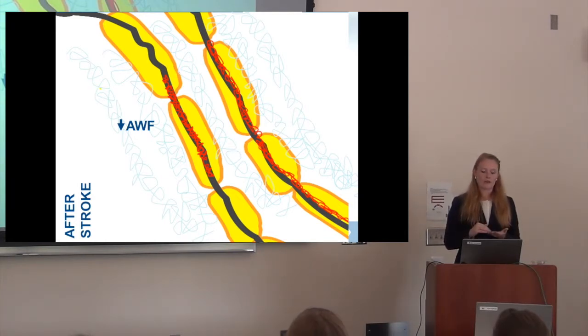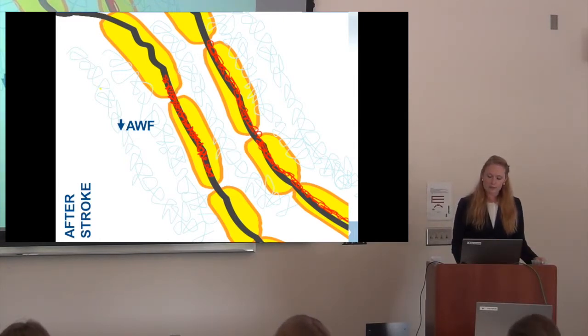So if the axonal water fraction goes down, it's likely being driven by less signal coming from inside of the axons. That's something I've been investigating now, because this can also be related to changes in kurtosis, to understand this better.